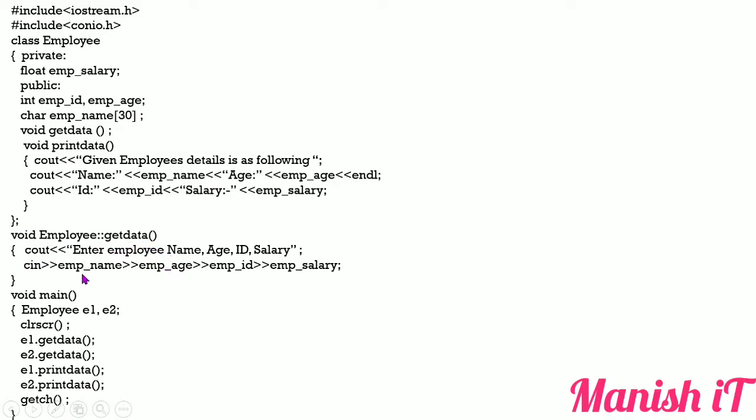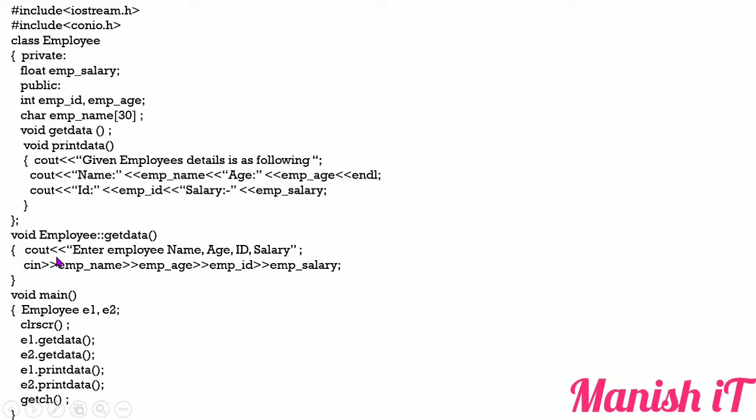Whatever statements and instructions are written depends on the user. Here I have written simply cout, enter employee name, id, salary. In C++ it works like the printf function. If I compare to the C language, cout is the same thing as the printf function.